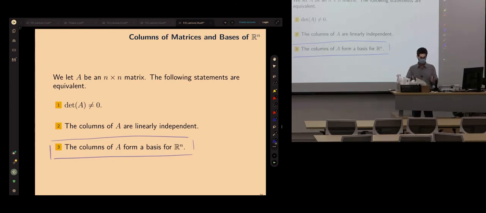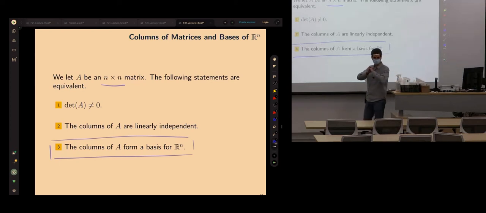Because the columns of our matrix are linearly independent, and our matrix is n by n, right? So we have n linearly independent vectors. It can form a basis for Rn. So any n by n matrix that is not singular, the determinant is not 0, can span its columns.